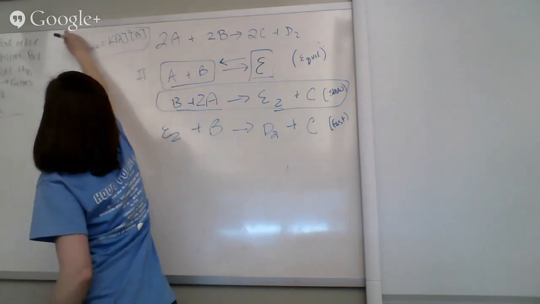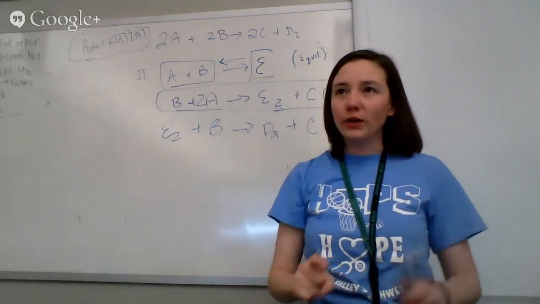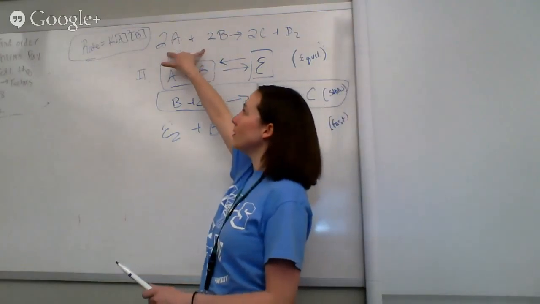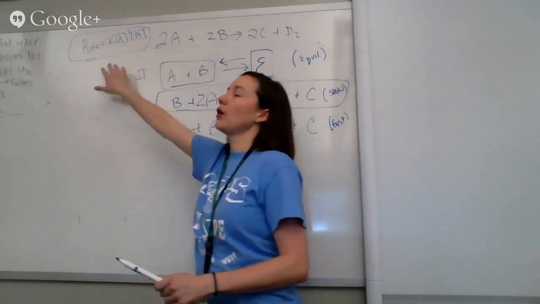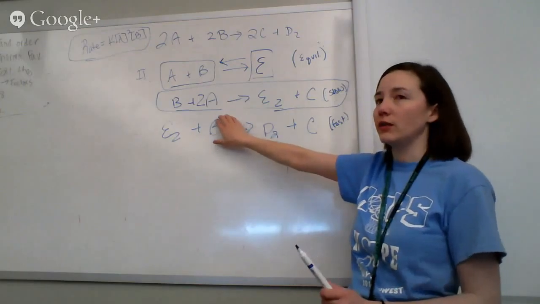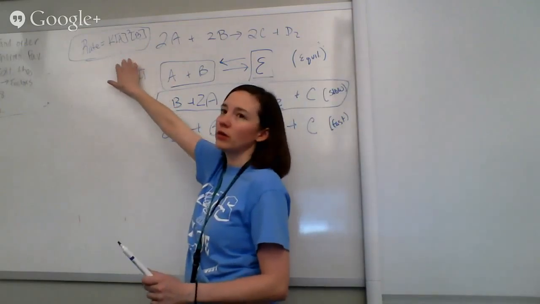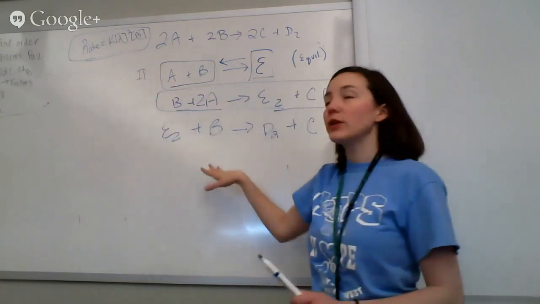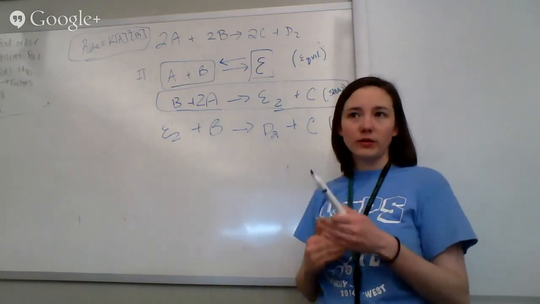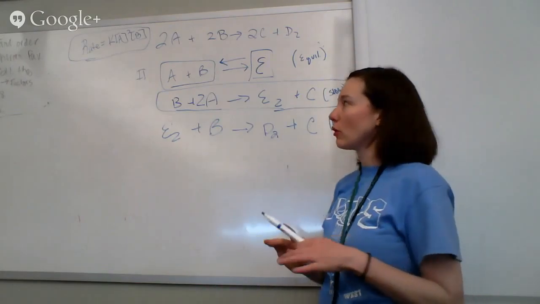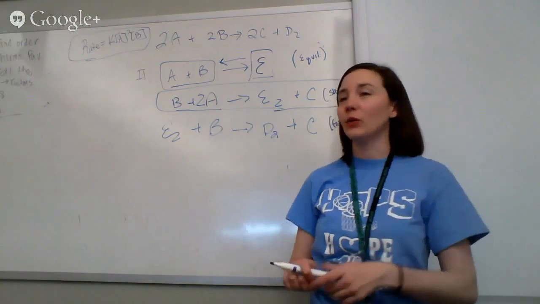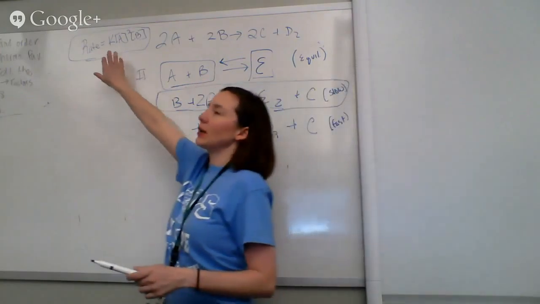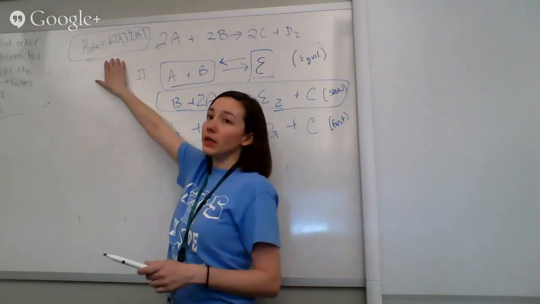Okay, so a couple things. Reminder, you can't use the coefficients in the overall equation to get your order. You have to use these coefficients to get your order. Okay, these are elementary steps. That means they're parts of your mechanism. That's the only time you can use your coefficients. Okay, now, does this match my order? It does.